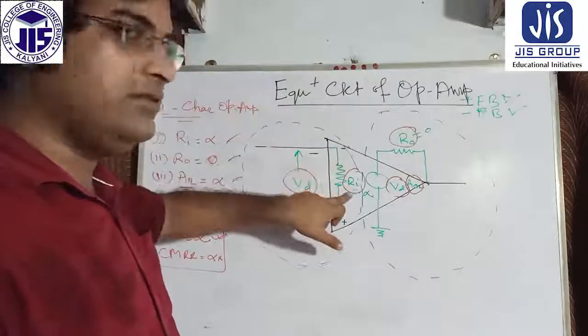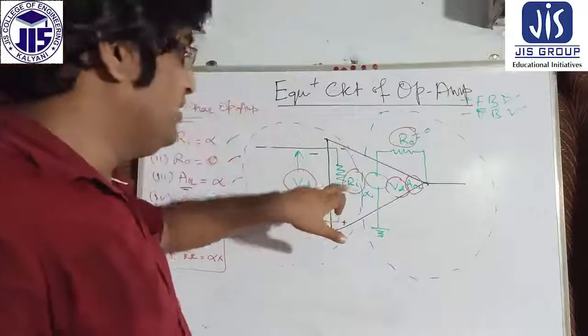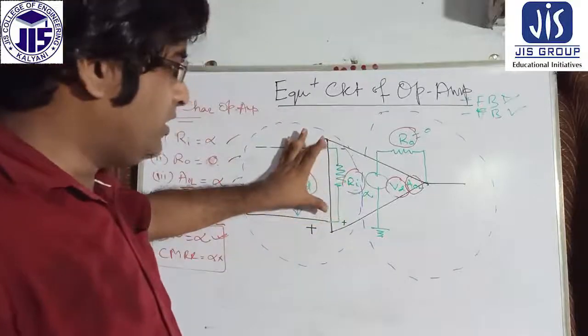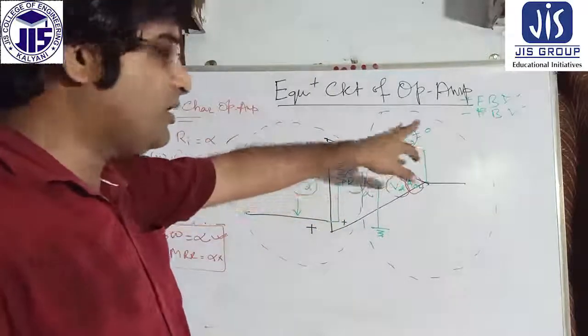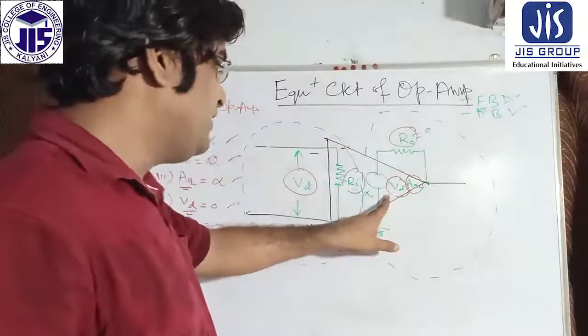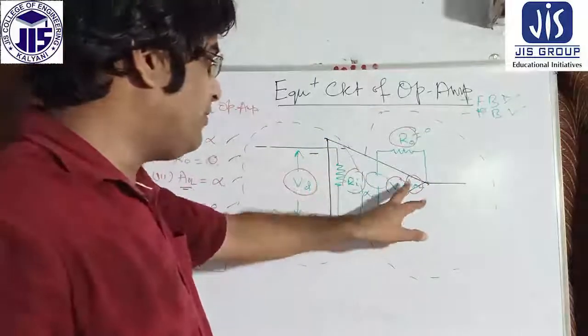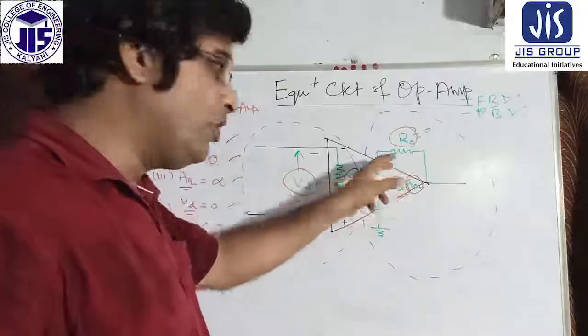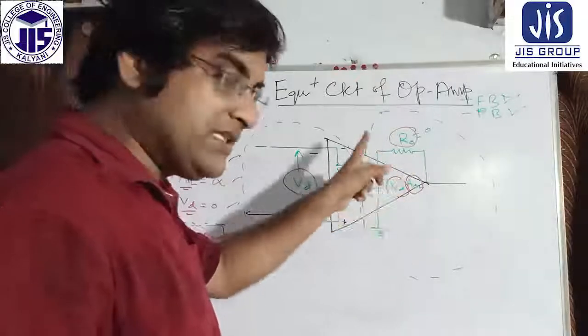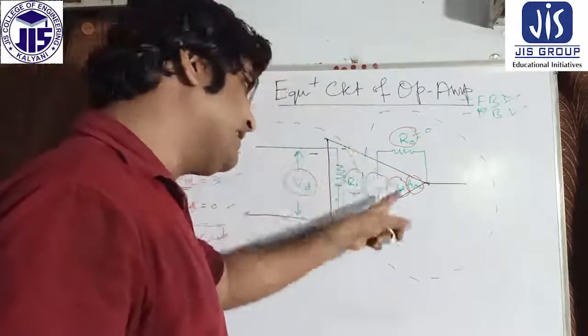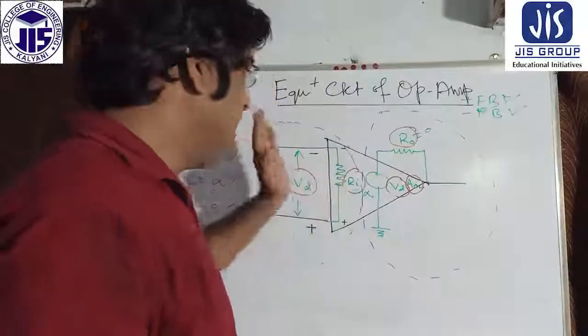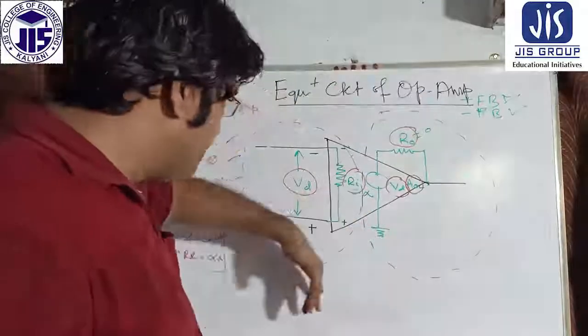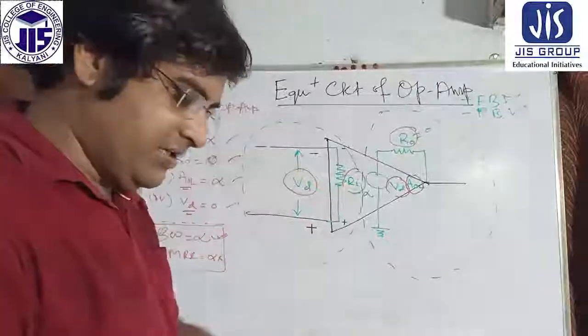This is Ri, the input impedance. This is R naught, the output impedance. This is Vd, and AOL multiplies with that. That means the output voltage is represented as Vd times AOL. In that way we can represent the equivalent circuit.